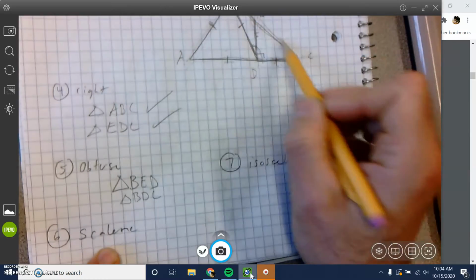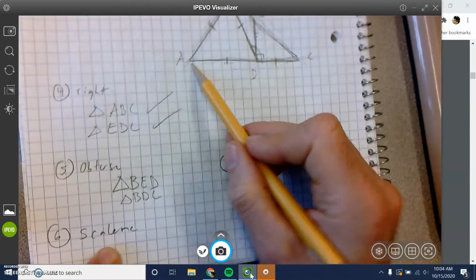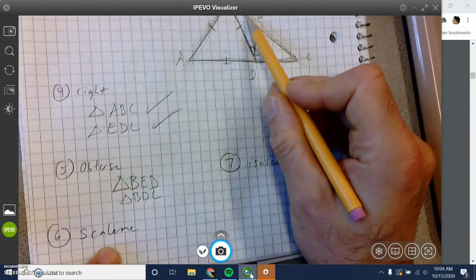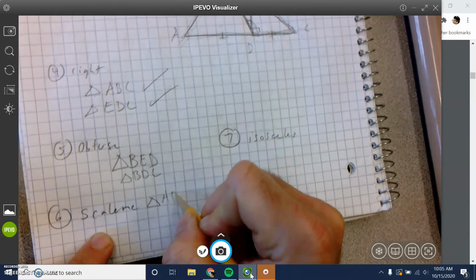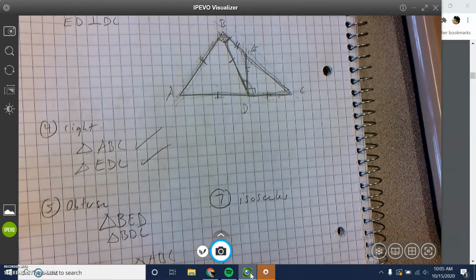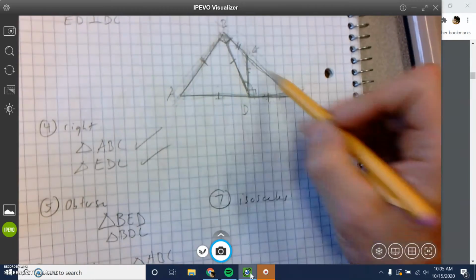This is 2 marks, and this is something else. So it looks like they're all different measures. Since this is 1 mark, this is 2 marks, this is double that side, and this is just a different measure, it looks like triangle ABC is going to be scalene. Anything else? So we have this one right here.